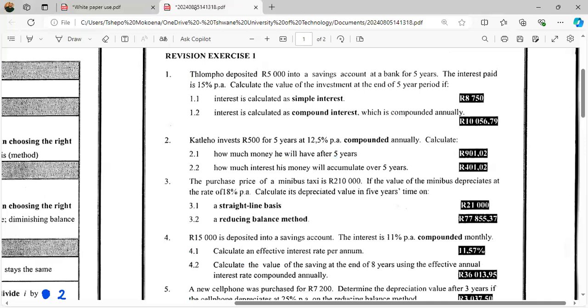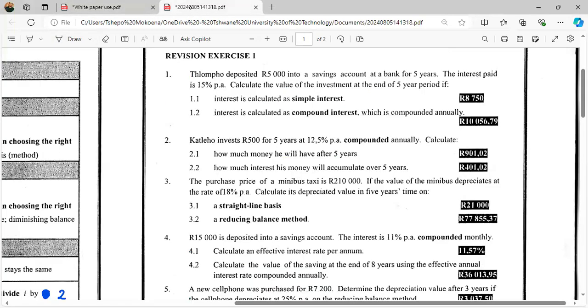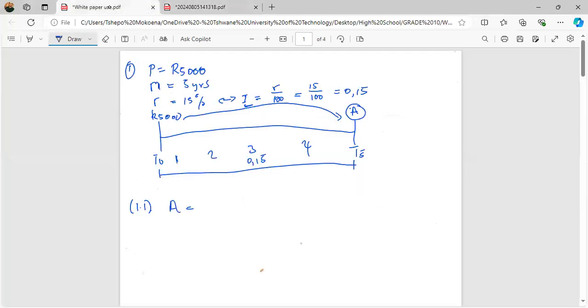But it's important to know how this amount is earning interest. The interest is calculated as simple interest, right? So we want to calculate the accumulated amount. Which formula are we going to use? Simple interest is simple, right? For 1.1, we're going to say A equals P(1 + i × n).